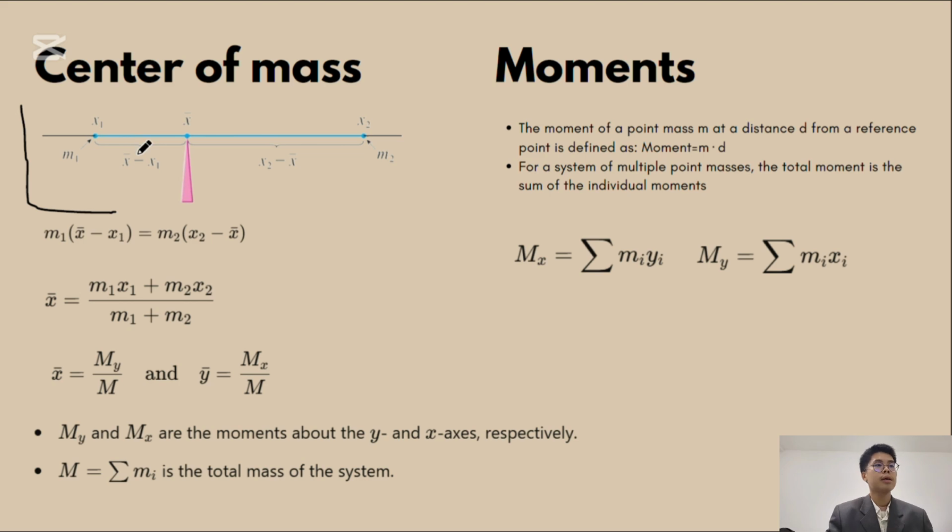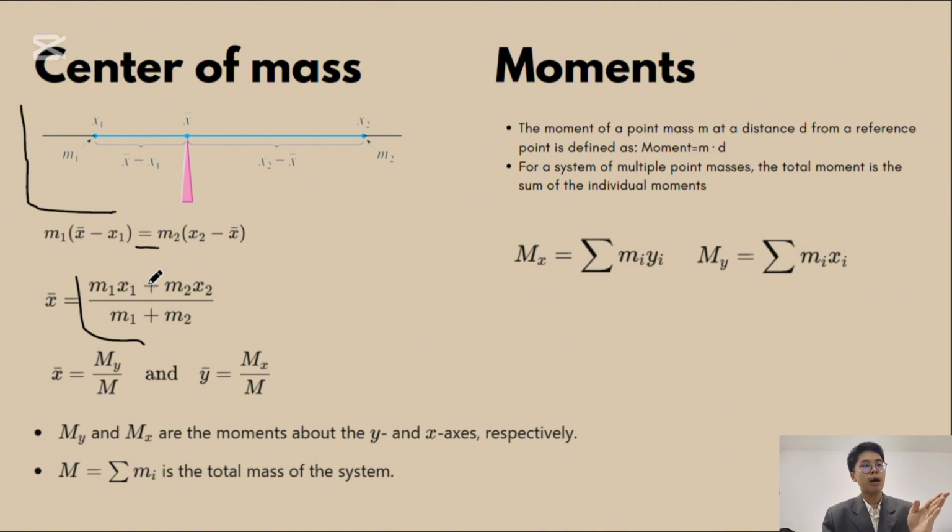Next is the center of mass. Let's take an example from this picture. To have a balanced rod, you need to have equal moments between the left and the right. They need to have the same moment. So this x bar is the coordinate of the center of mass. If we solve for x bar, the coordinate of the center of mass, we will get this formula.